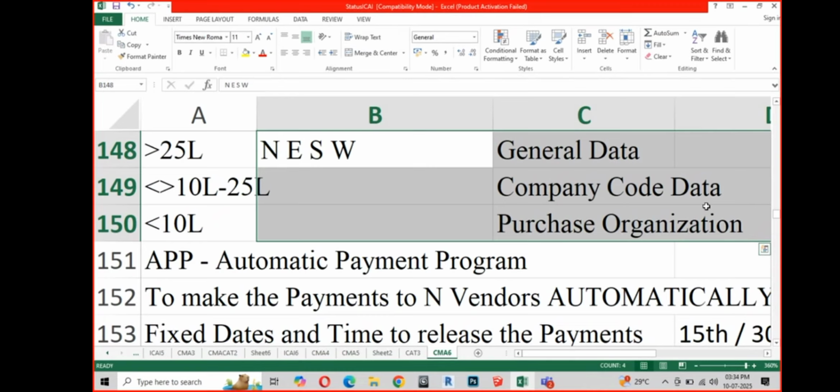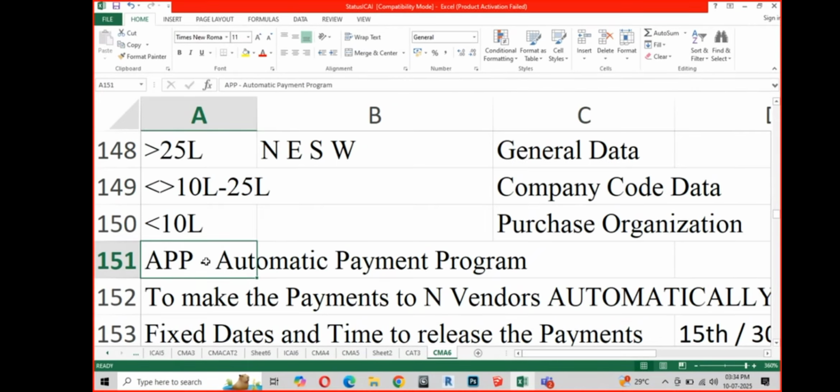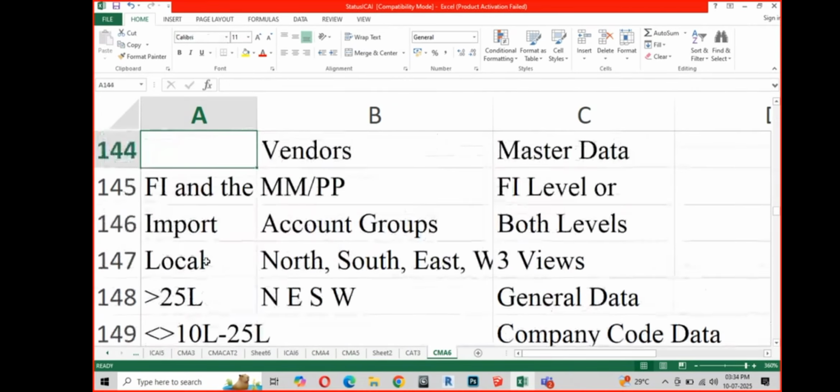First and foremost, whenever we are talking about vendors or customers or assets, or even general ledger, we categorize the data. In this case, since we are talking about accounts payable, we categorize the nature of vendors.